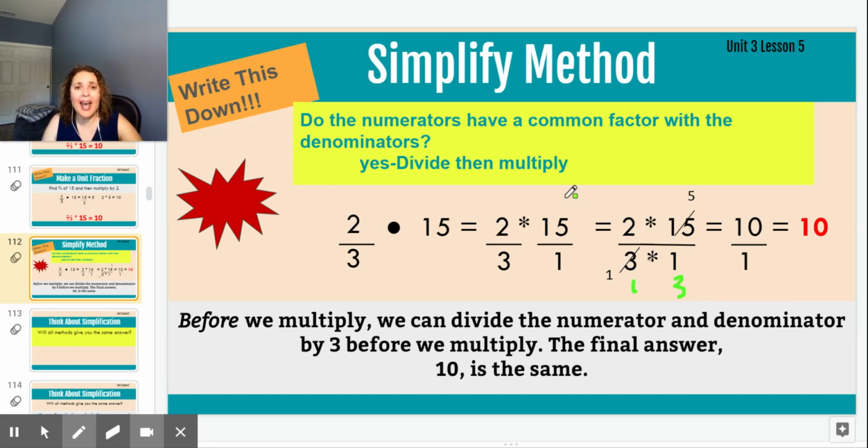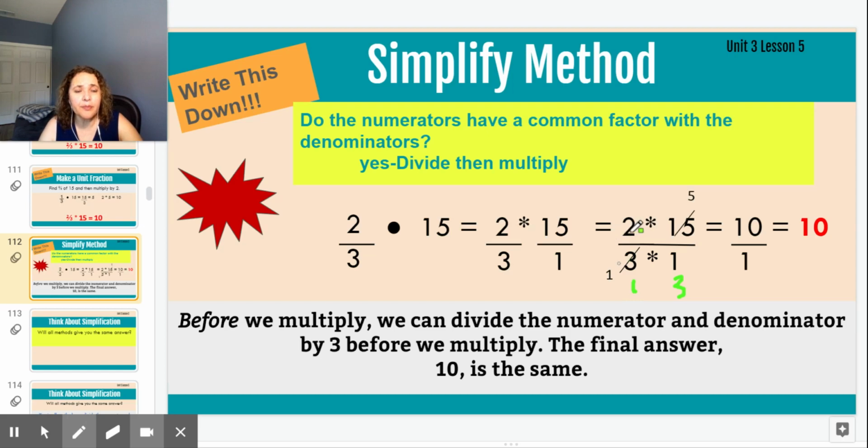Now, it has to be numerator to denominator or denominator to numerator. It cannot be denominator to denominator, and it cannot be numerator to numerator, because remember, whatever you do to the top, you have to do to the bottom. So if I divide this by 3, I got to divide one of the bottom numbers by 3. So whatever I do to the top, I do to the bottom. So that's key. That's why this works.